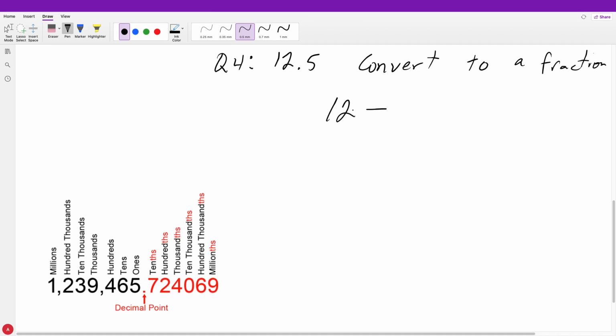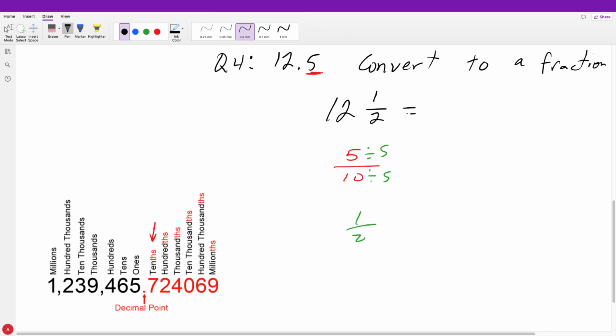So when I'm writing my mixed fraction, I can write that 12 right away. Then I need to identify where my place value is. It's the first decimal place, so that means we're at the tenths. So I can rewrite this as 5/10. Once we write this, we have to reduce as much as we can. They're both divisible by 5, so that gives me 1/2. So this can be rewritten as 12 1/2.